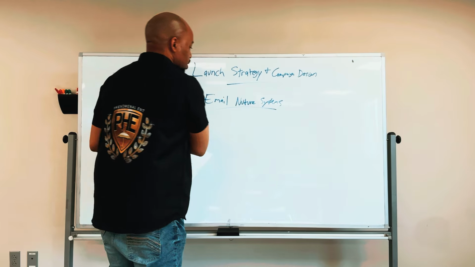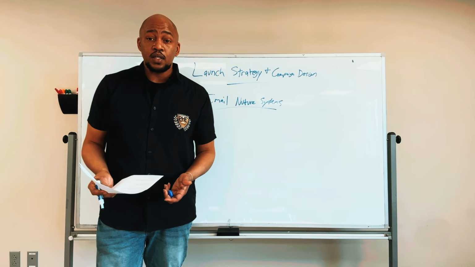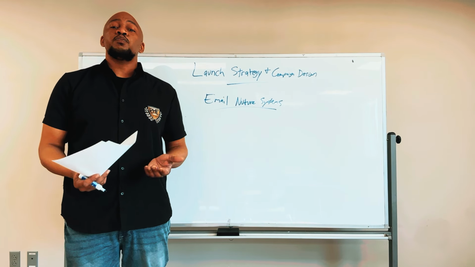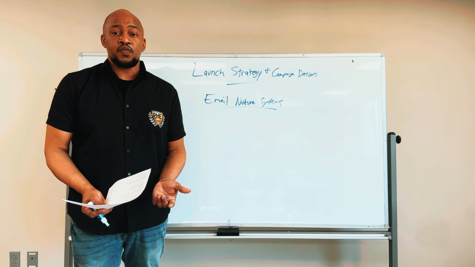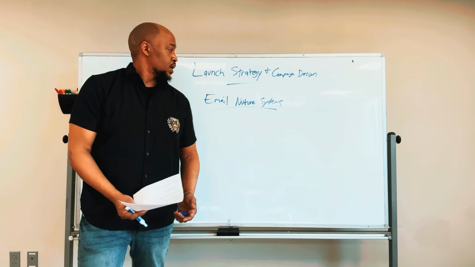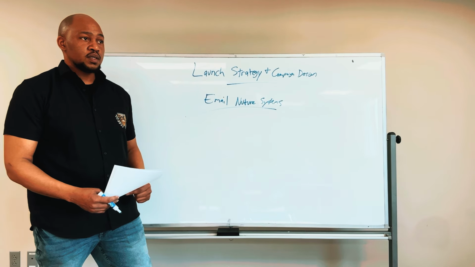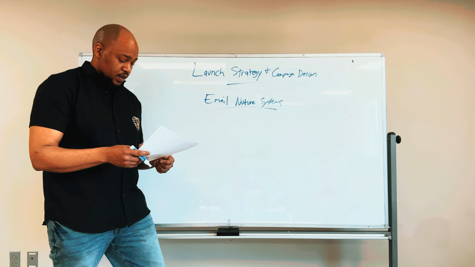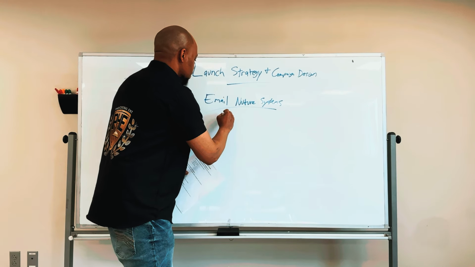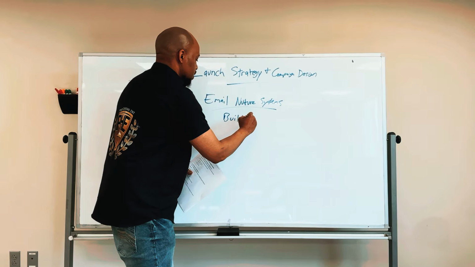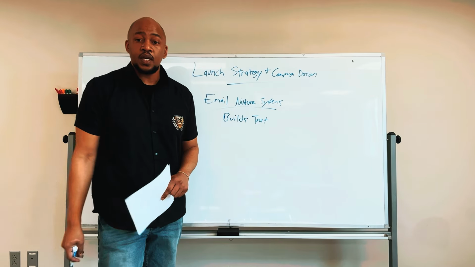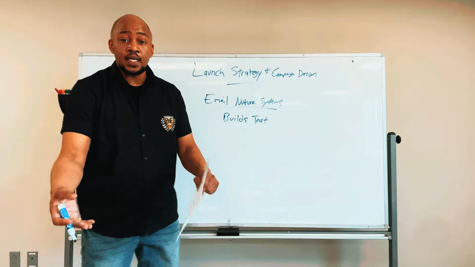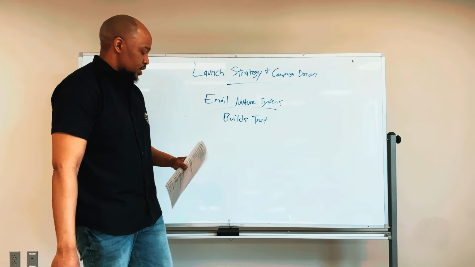Then we've got email nurture systems, or email lists, email campaigns. Those are better than social media followers or social vanity metrics, like I say. Email lists help you in a lot of different ways. They build trust. If you're sending educational emails, teaching people things, giving them deals, or giving them inside information, that builds trust.